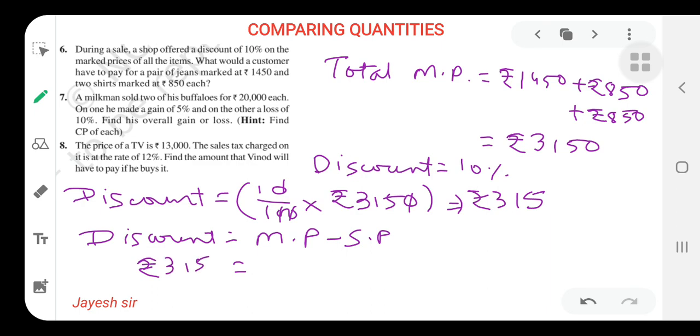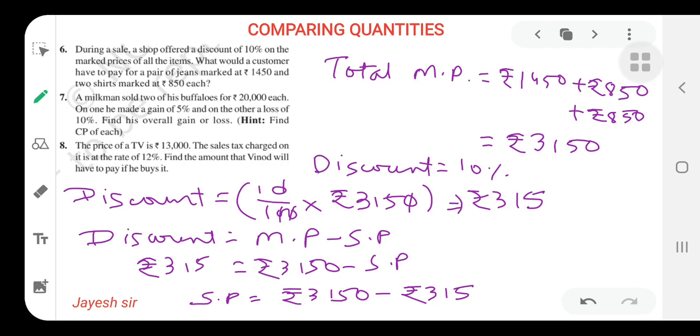Now the marked price is 3150, and the selling price is what I will pay and the shopkeeper will get. So it is rupees 3150 minus rupees 315. So I need to pay an amount equal to 2835 for purchasing one jeans and two shirts. I hope you all might be getting it, friends.